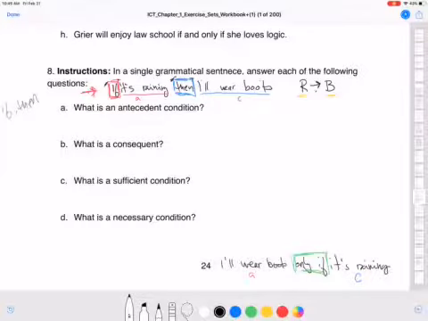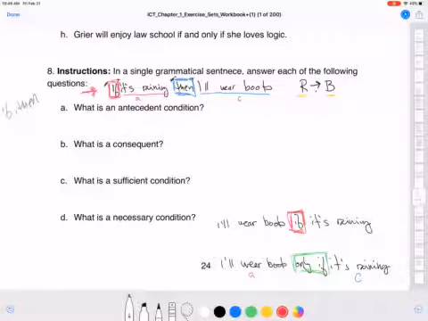If I write this sentence like this, I'll wear boots if it's raining, these are all three different sentences. In this case, I've got the if in the middle of the sentence. What comes after the if, because it's just if by itself, is the antecedent, and what comes before the if is the consequent.